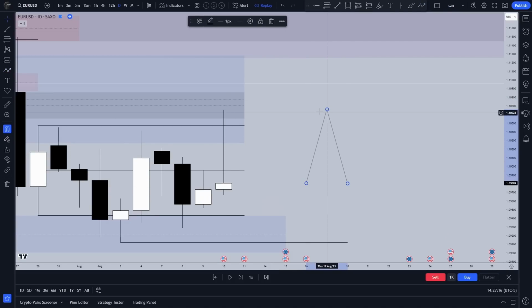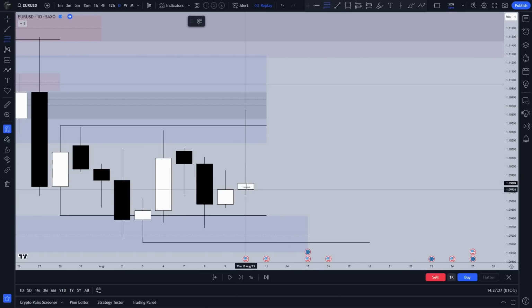So all of this range is pretty much a balanced price range. So we have the low of the wick all the way to the upside, to the high of the wick. And again, I told you, if we have a bearish PD array, we want to see a reaction from ideally the lower half of this PD array, right?